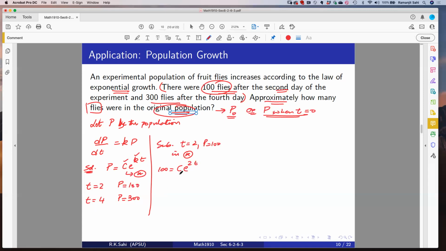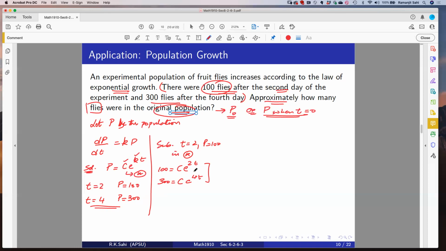And then because it still won't give us anything, we have to substitute the next option also. That means 300 equals C e to the power 4k. Now we have these two equations.